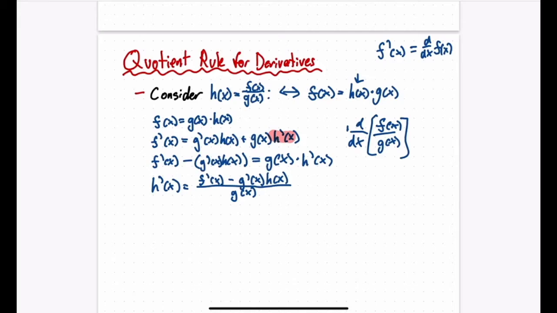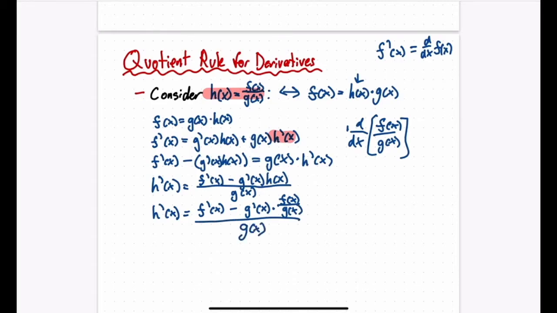So we're going to substitute in that original definition that we have for h of x though, which is that it equals f of x over g of x. So let's do that. So h prime of x is equal to the derivative of f of x minus the derivative of g of x times f of x over g of x, all over g of x.